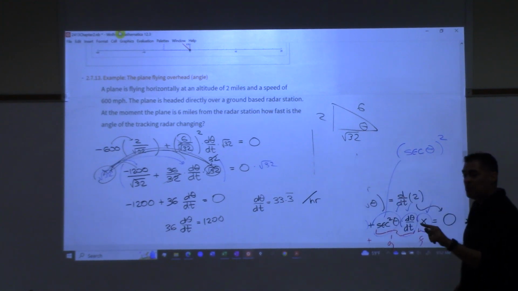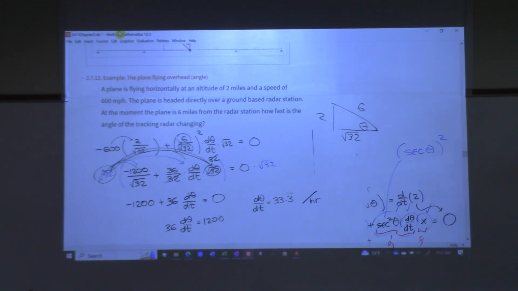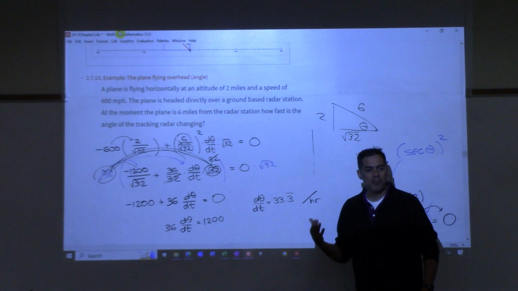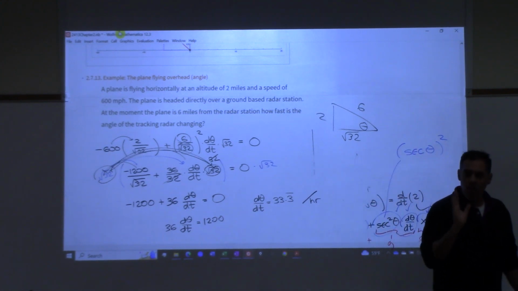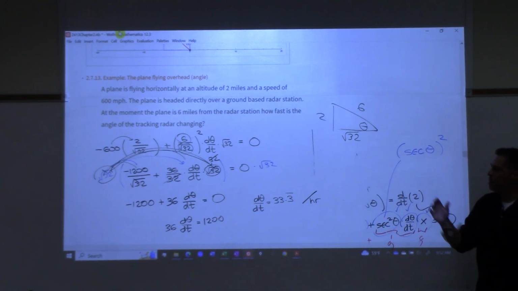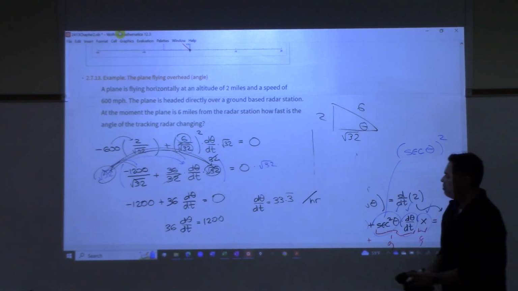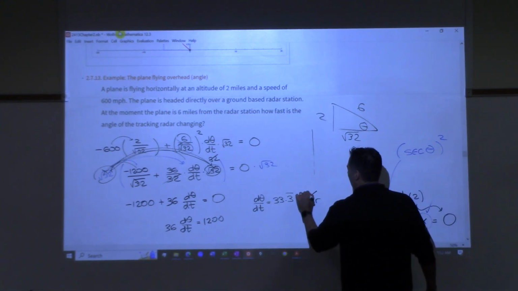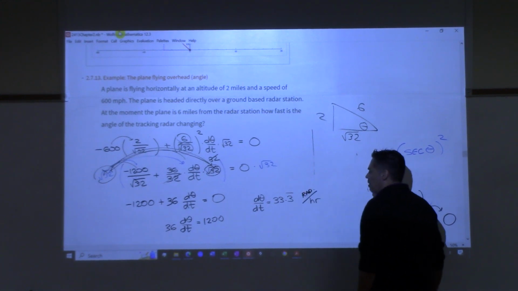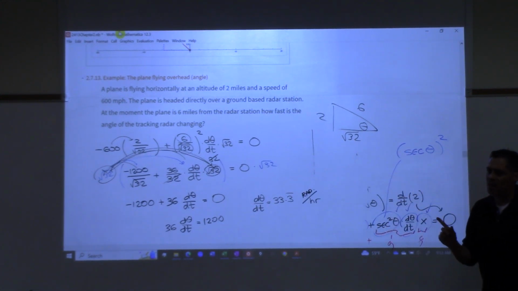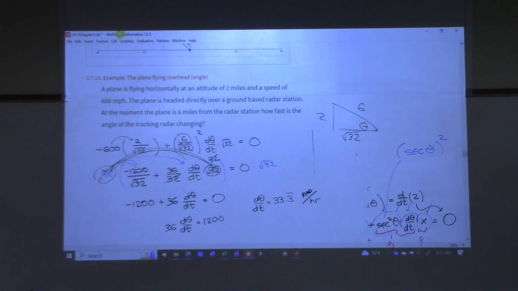Would it be radians or degrees? Because it's an angle, theta. It's always radians unless they specified somewhere in the problem degrees. So you could put rad for radians an hour. Remember, a radian is not the same as a degree from pre-cal.